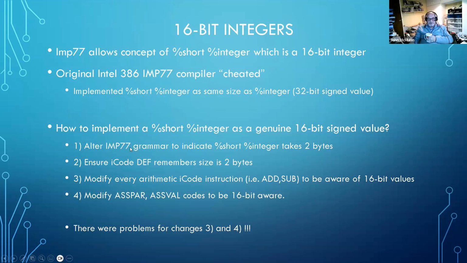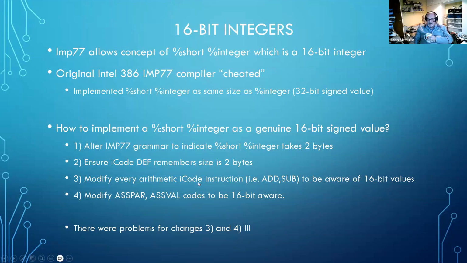One, the Imp grammar had to be tweaked to indicate that a short integer was actually 2 bytes in size. The original grammar had short integer as 4 bytes in size. You've got to make sure that the ICode def file, when it's interpreted, says, oh yeah, size is indeed 2 bytes.